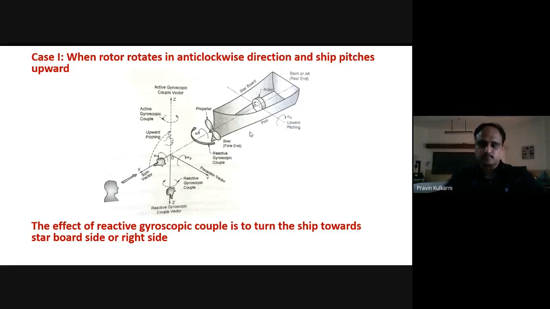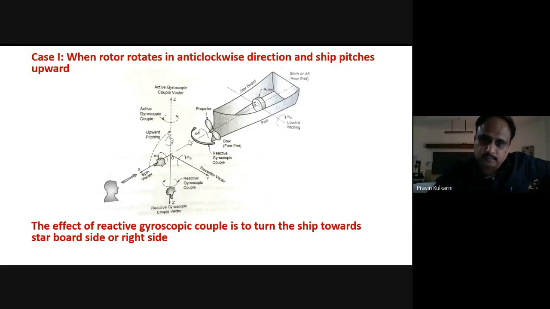Okay. Now see, this we have discussed. Anti-clockwise rotation and pitching is upwards, so upwards. This will be active, reactive will be opposite to that. Accordingly, this is the reactive couple.